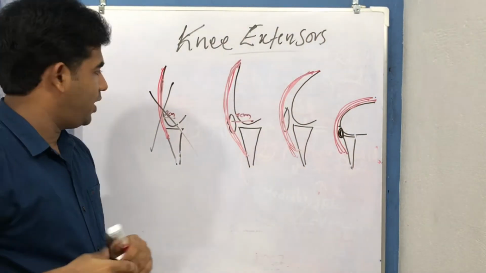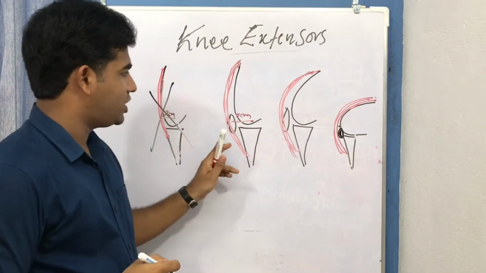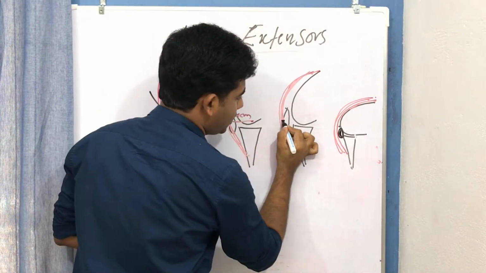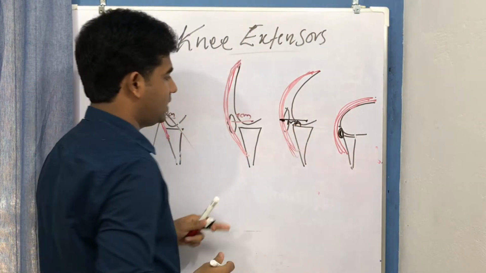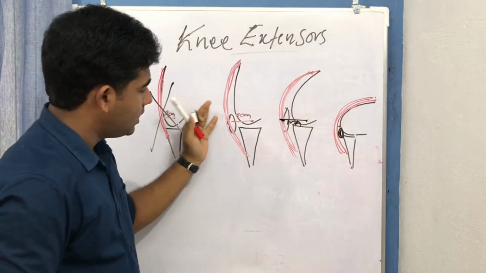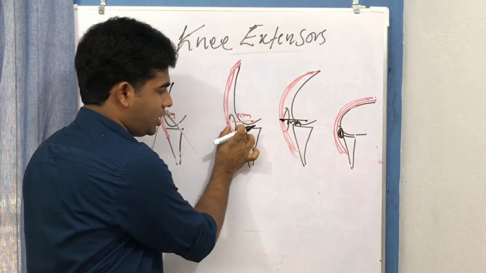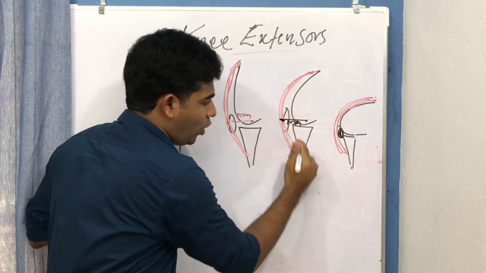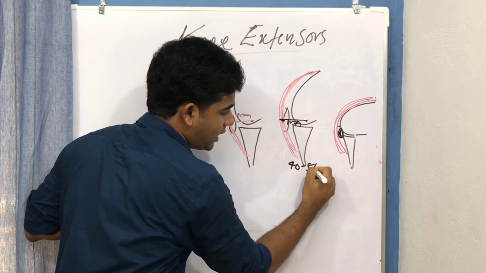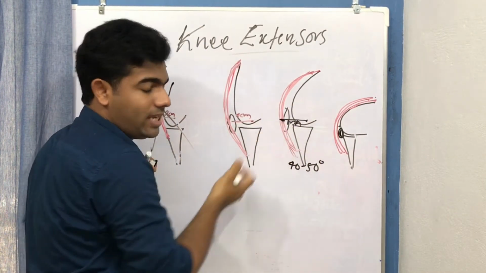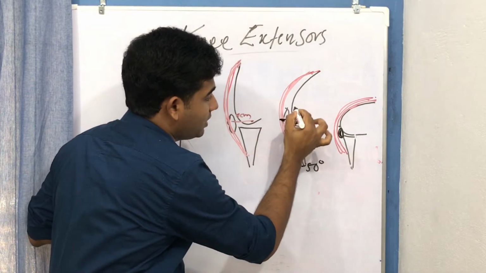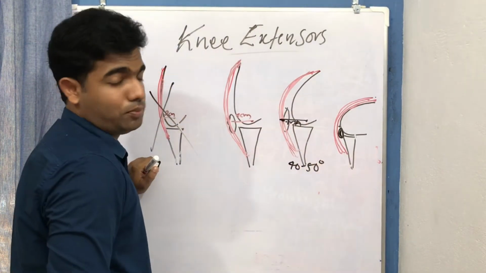Now if we evaluate all of this figure, you see that at this particular point, the momentum is the maximum. At a 40 to 50 degree of flexion, patella is maximum away from your femoral condyles, and that makes the momentum the maximum at this point.